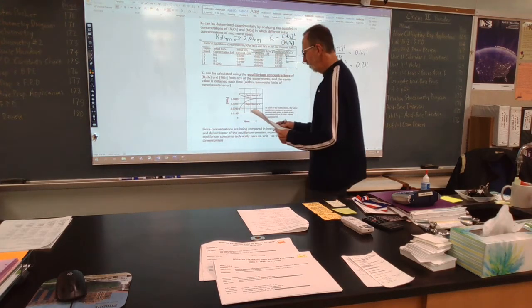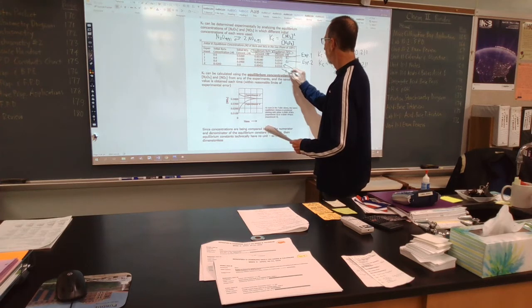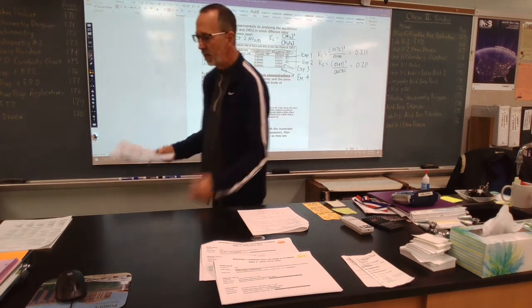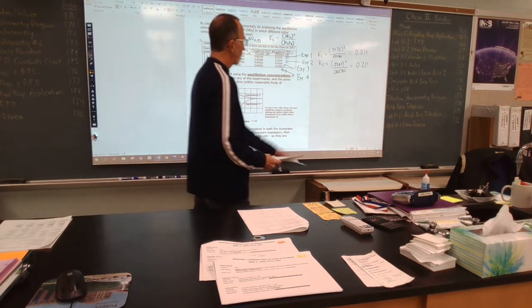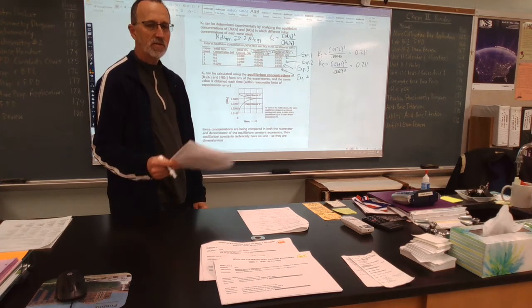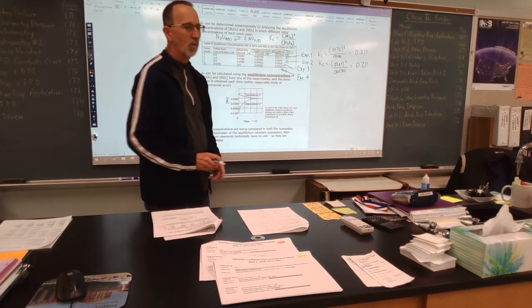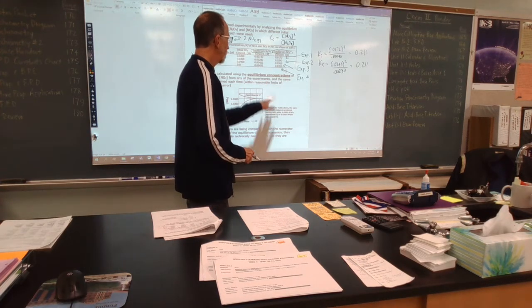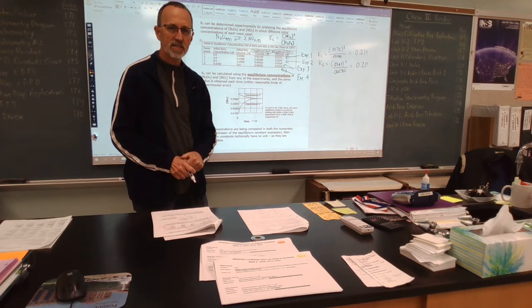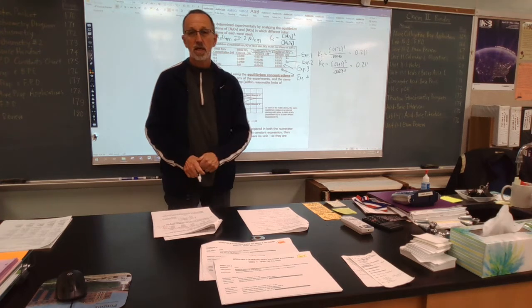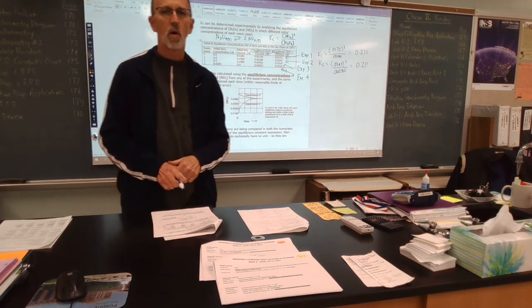If we did the same thing for these, products over reactants, the product squared over the reactant in the case of this reaction, the values you get for K, within rounding reasons, of course, because the precision of these is not exact, you're going to get a value very, very close, if not the same, to 0.211.